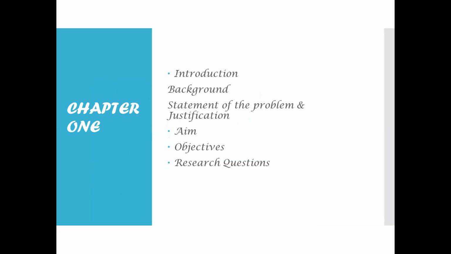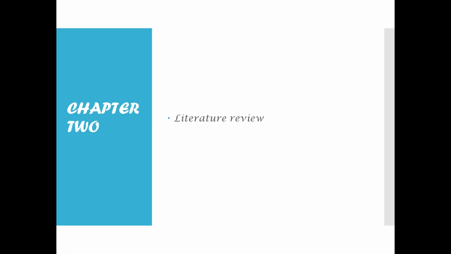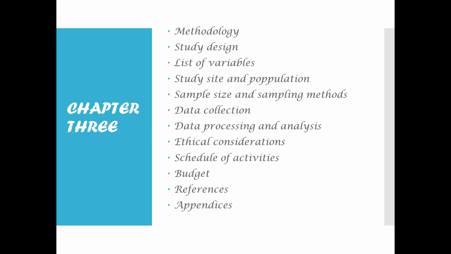Then we talk about chapter 1, which basically includes the introduction, which comprises of the background and statement of the problem and justification. Then we get to the aim, objectives, and research questions. Then chapter 2 comprises of the literature review.